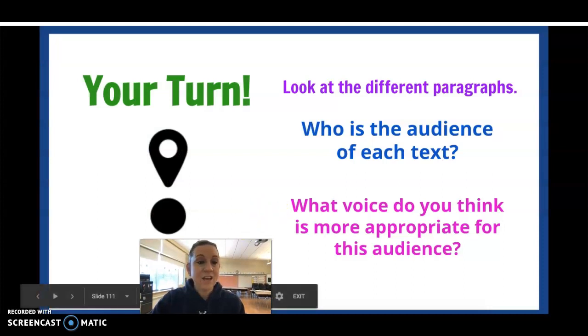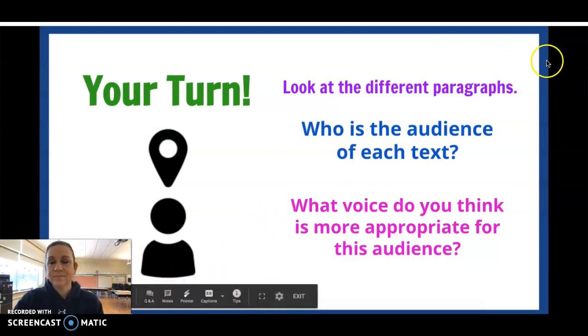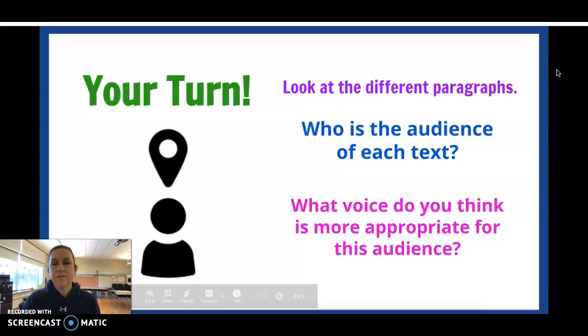All right, here's your job. I want you to look at the different paragraphs, and find out who is the audience of each text. Who are these authors writing for?